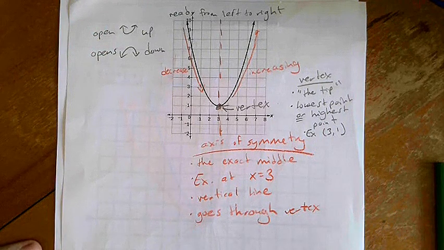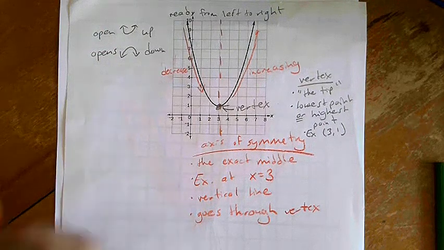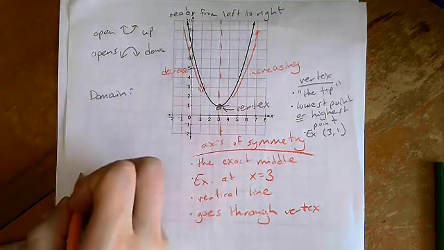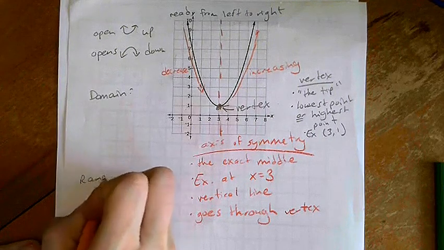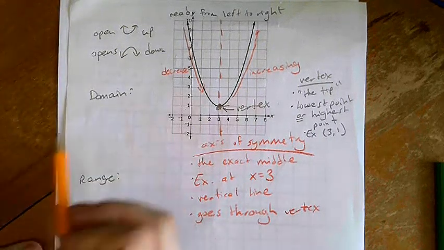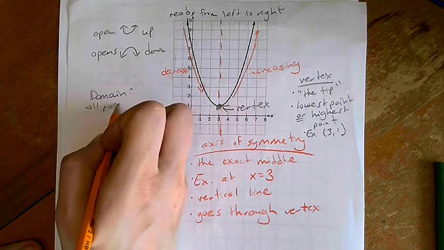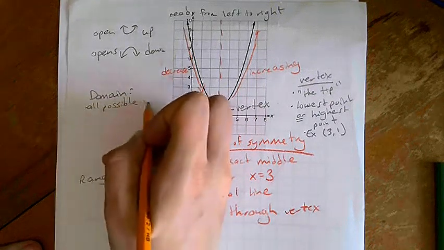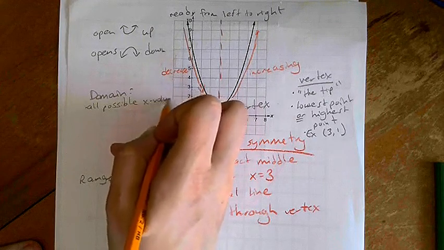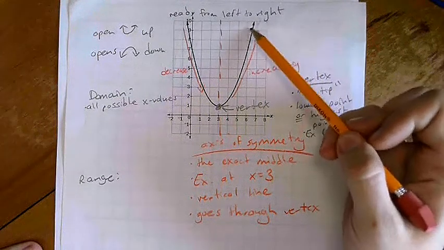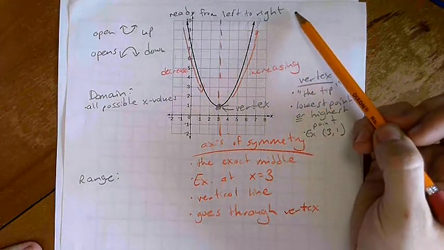The last thing that we can look at and talk about is the domain for this graph and the range. All right. So for the domain, remember domain is all possible x values. When we look at this, we have an arrow right here, which means it keeps going and going to the right.